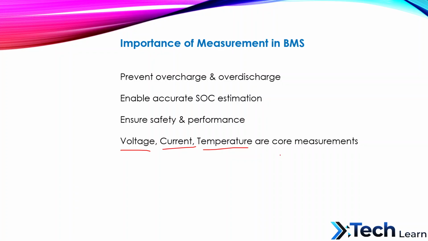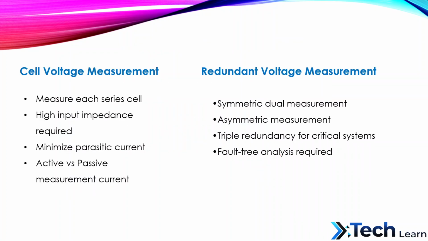Now we are going to see how we measure the cell voltage. In large format lithium-ion systems, each series connected cell must be measured individually. Unlike lead acid batteries, we cannot rely on the total pack voltage, as cells may differ in capacity or state of charge.